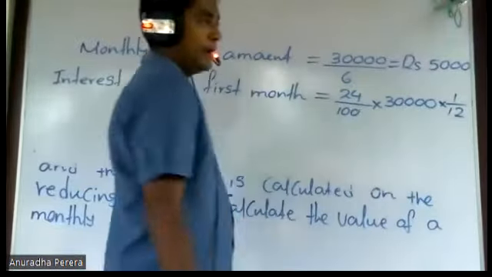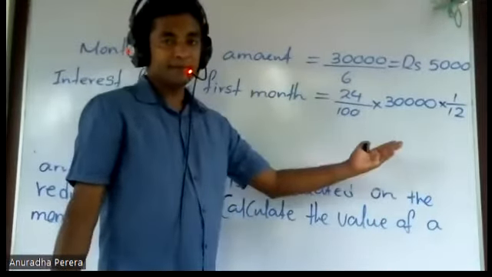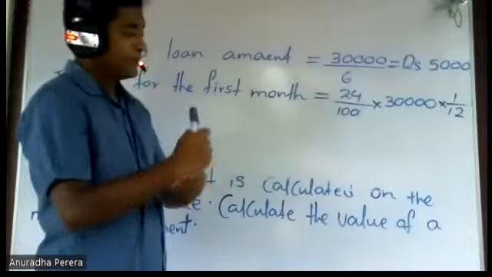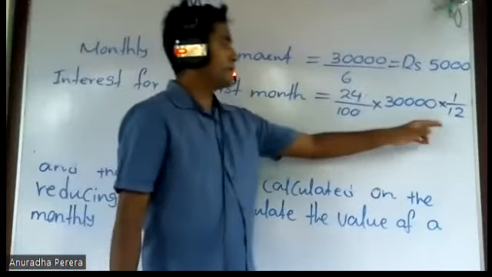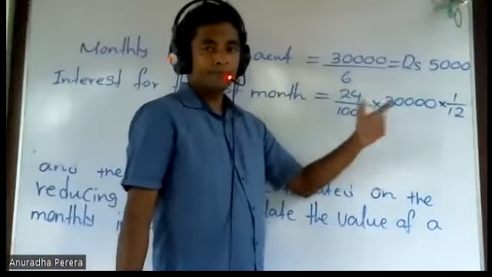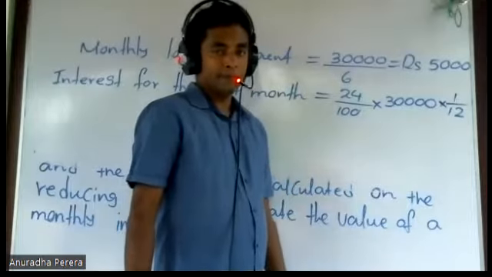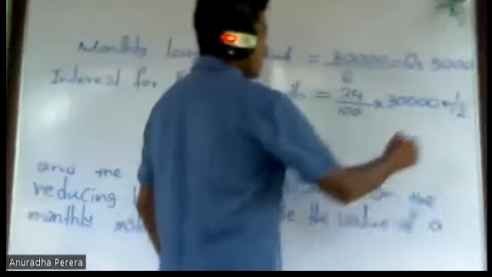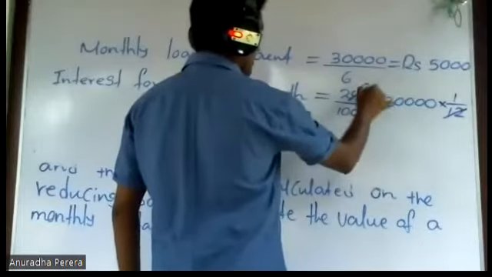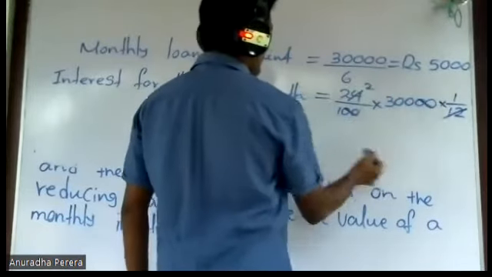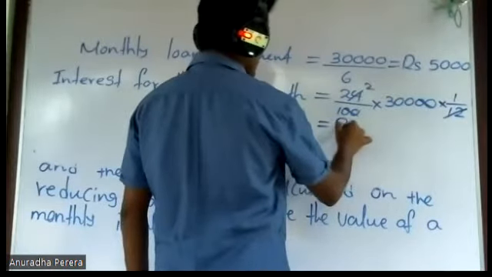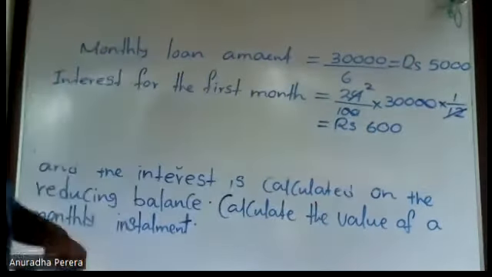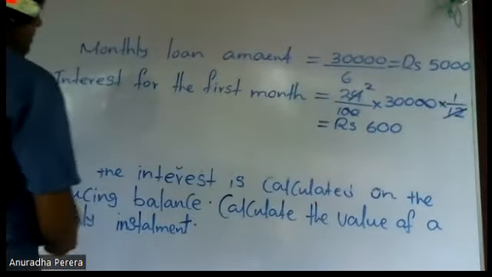To obtain a monthly interest, the annual interest should be represented monthly, and you can simplify by 12. The answer is 600 rupees.